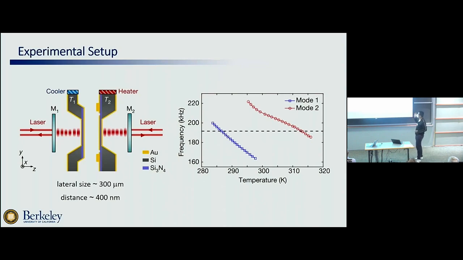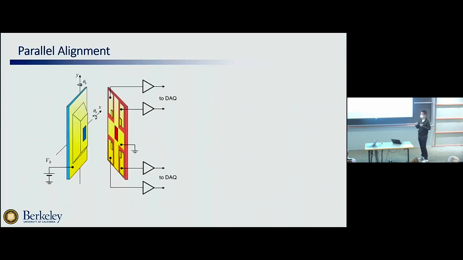And a very important requirement to make this work is to make the resonant frequency of these two particular modes, the fundamental mode of the left membrane and the fundamental mode of the right membrane, the same, so that the vibrations can really talk to each other.